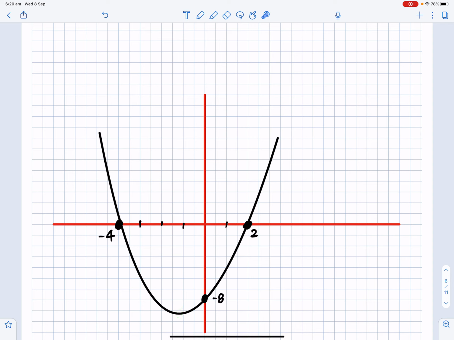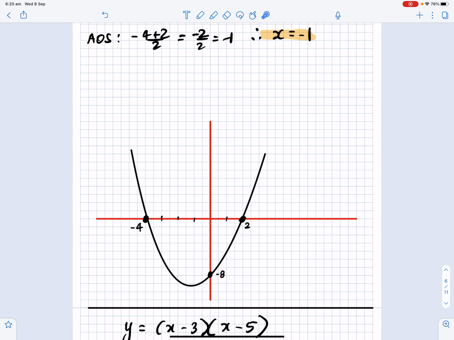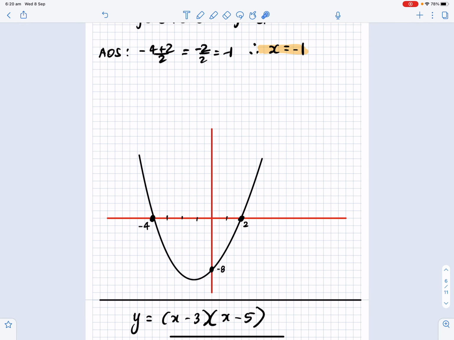Our axis of symmetry is x is equal to minus 1. In other words, it's this line here. I've got it very, very close. That should actually be in line with this. It's a little bit off.